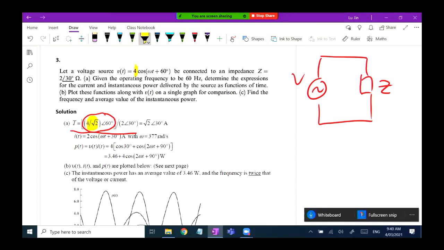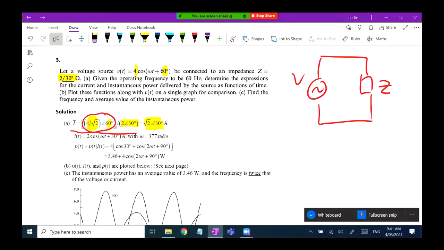Okay, angle just 60, easy stuff, divided by impedance. So impedance is just copied from here to here, and based on these 2 numbers, we find the ratio of them to be the RMS current in this question. Easy. Good? Yeah.